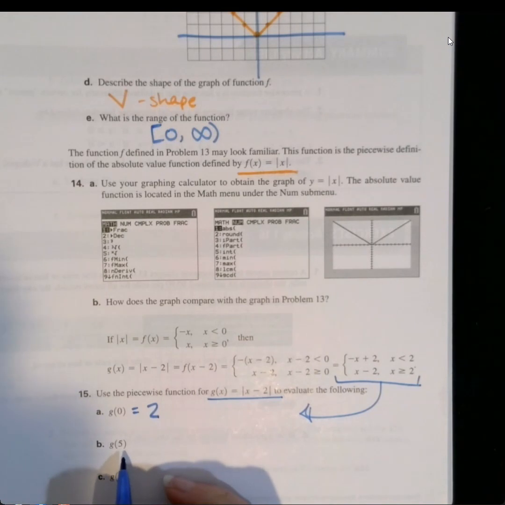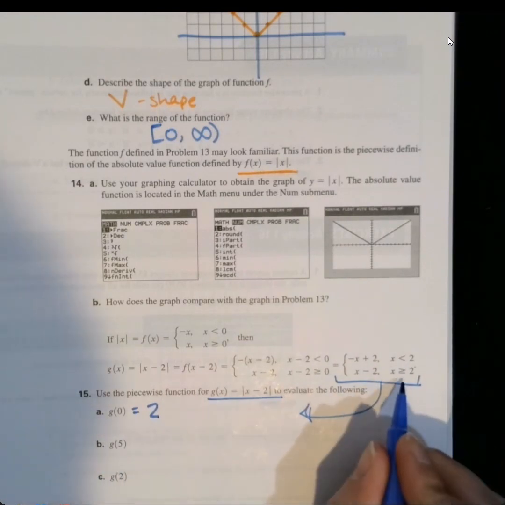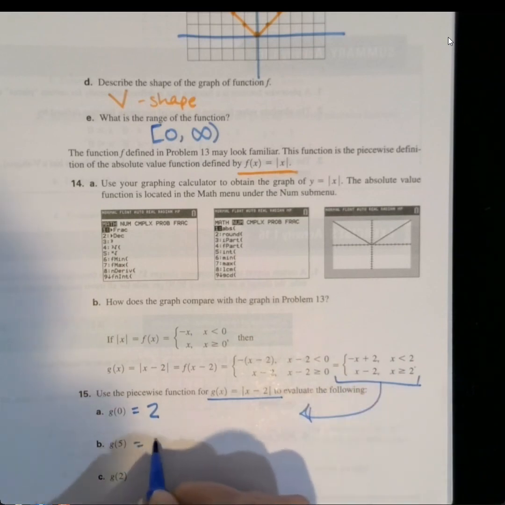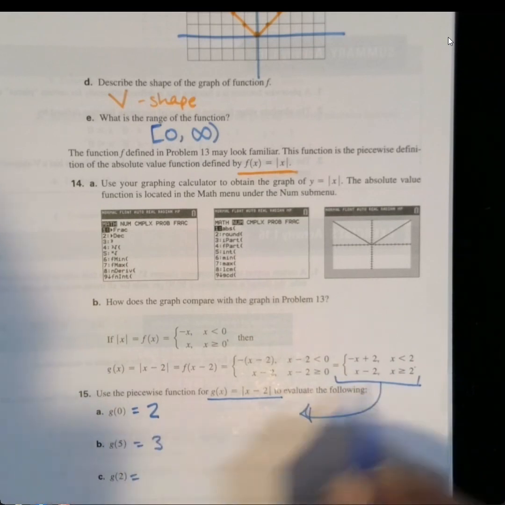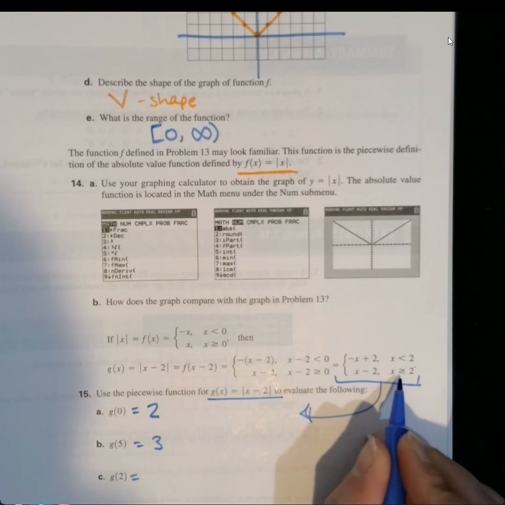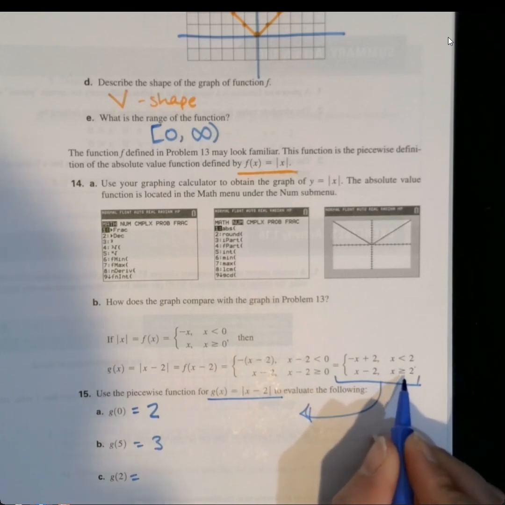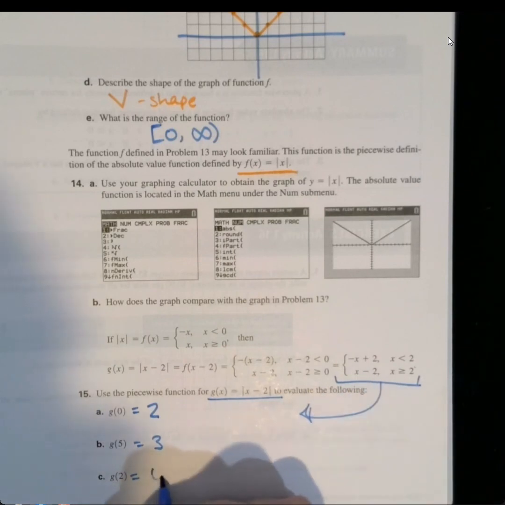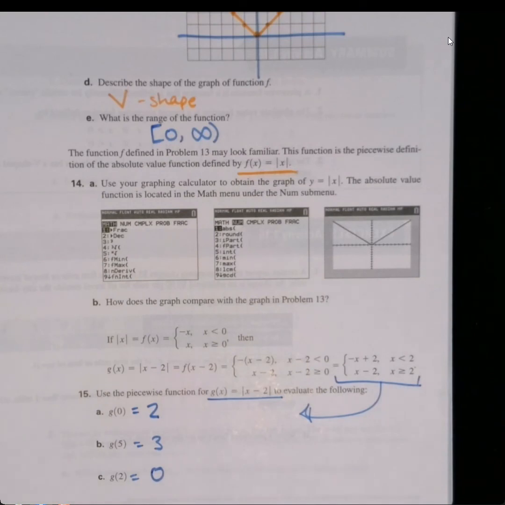If I put in 5, that would fall into the bottom condition. 5 is greater or equal to 2, so 5 minus 2, that's 3. If I put in 2, 2 is not less than 2. It is greater or equal to 2. The equal bar is in the bottom one, so 2 meets the bottom condition, and 2 minus 2 is 0. So that's how I would evaluate the piecewise function for each of those.